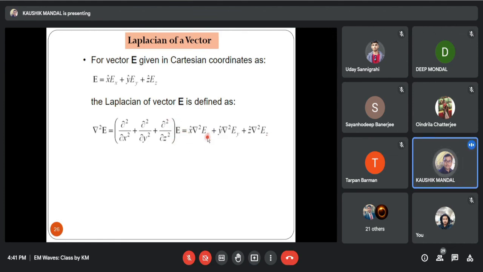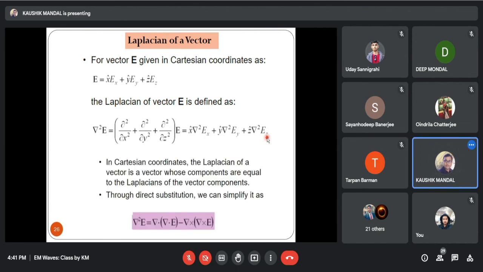So ultimately it becomes Ex, Ey, Ez. Sorry, these are the scalar quantities Ex, Ey, and Ez. So in the Cartesian coordinate system, the Laplacian of a vector is a vector whose components are equal to the Laplacians of the vector components. Through direct substitution, we can simplify it as these equations, that is del square equal to the gradient of the divergence minus the curl of the curl. I think you are familiar with these equations.